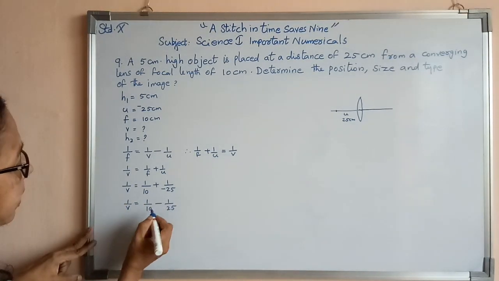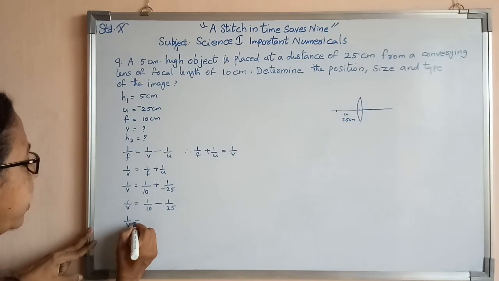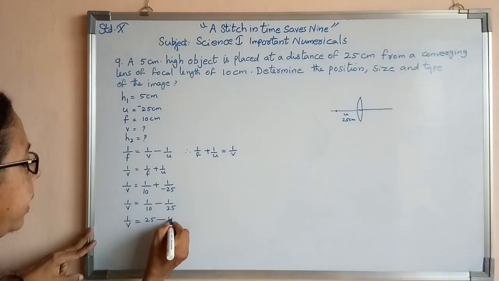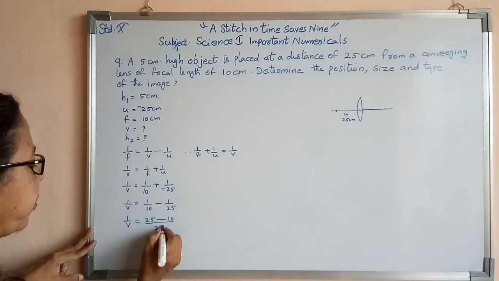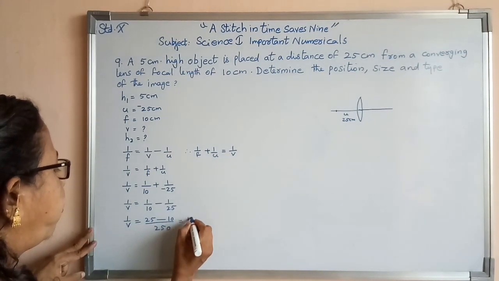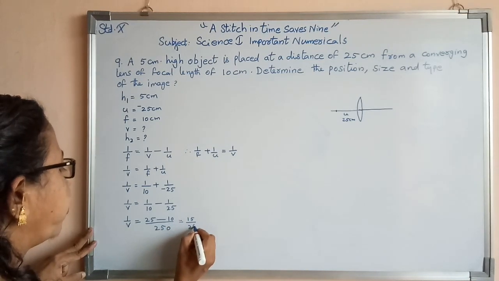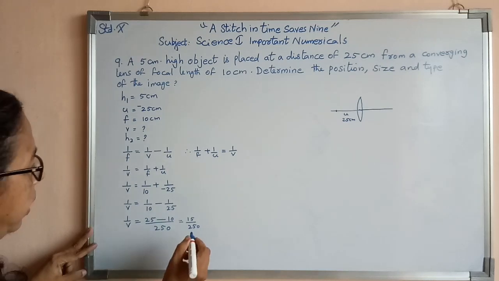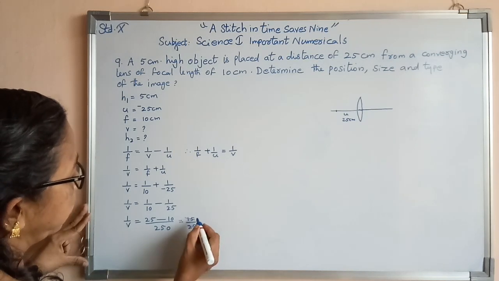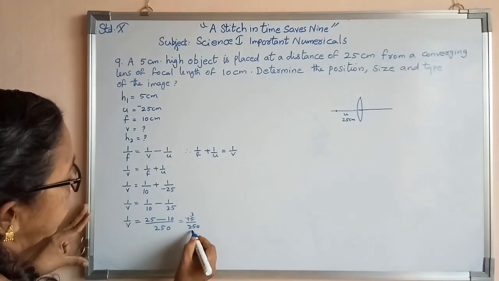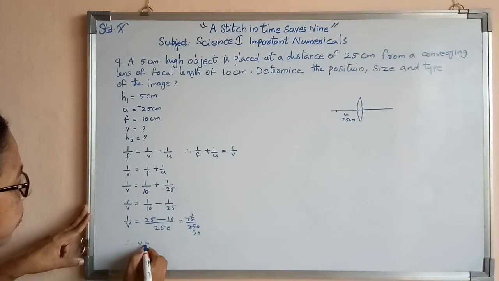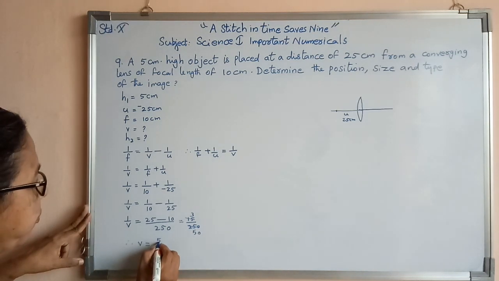Now we can cross multiply, so 1 upon v is equal to 25 minus 10 upon 250, that is 15 upon 250. Now in both places 5 will go: 5 goes 3 times here, and 5 goes 50 times here. Therefore v is equal to the reciprocal, that is 50 upon 3.